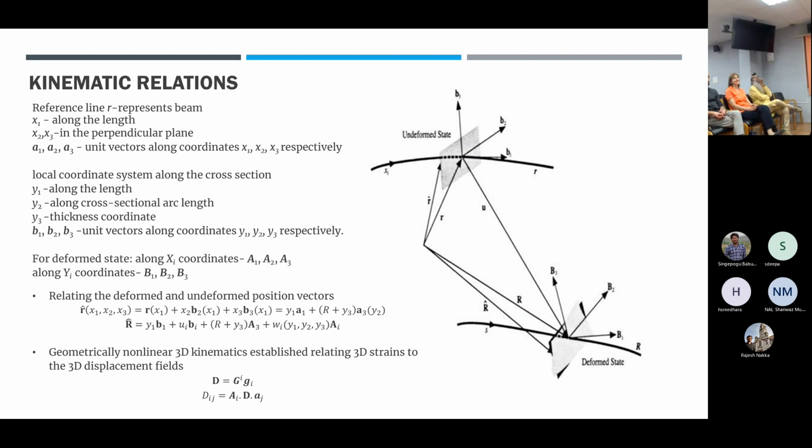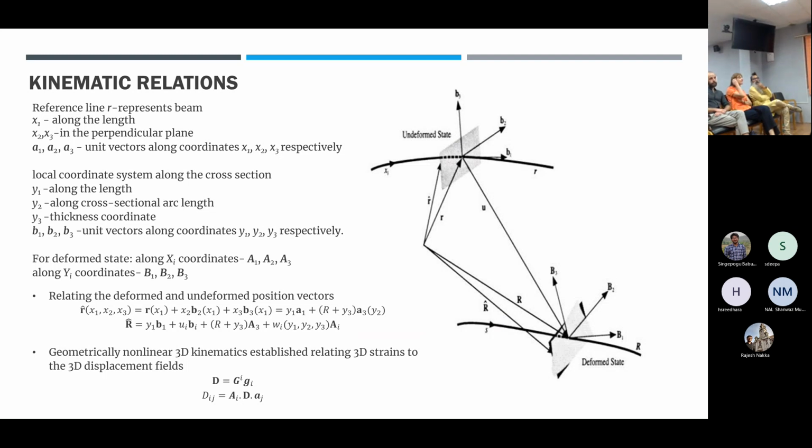So here is a general beam coordinate system. We have the undeformed state and we have the deformed state. The reference line here is used to represent the beam. We have these coordinates x1, x2, x3, where x1 is along the length and x2, x3 are along the cross section, and the associated unit vectors.